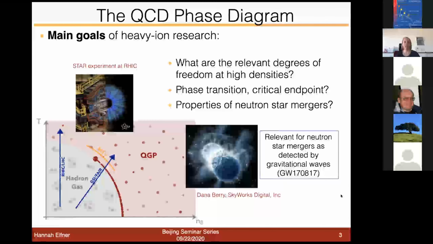And as we are usually studying in our experiments, here's a picture of STAR at the Relativistic Heavy Ion Collider, and here's a picture where the beam energy scan program is indicated. Of course, we have no clue if this location of the phase transition and the critical endpoint is actually true. So this would be one of the big landmarks to identify.